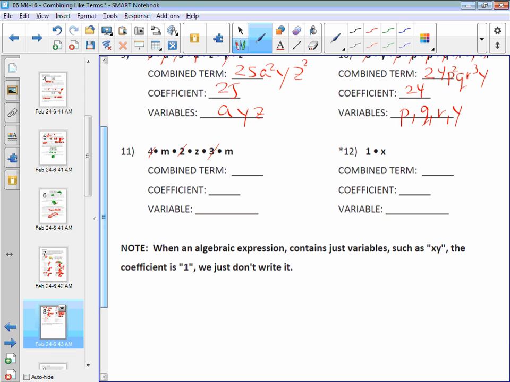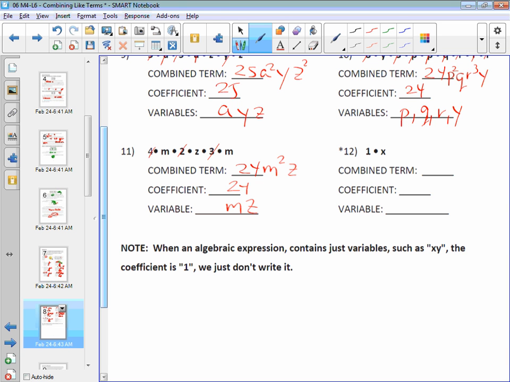This one got a star because we'll look through it first and I'll explain why. The combined term is I have 1x. I have x. The way that you're supposed to do it is put the x there because it is important. Listen, it's important. It is assumed that any variable by itself has a coefficient of what?